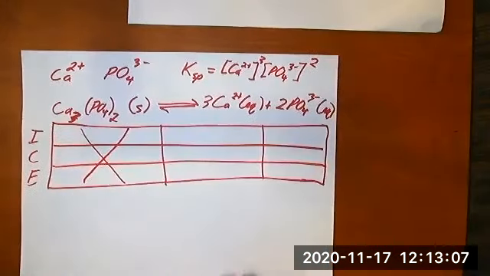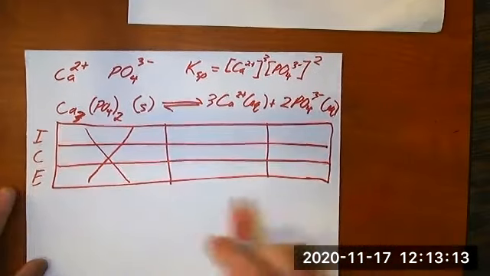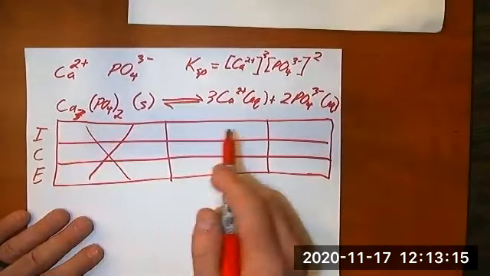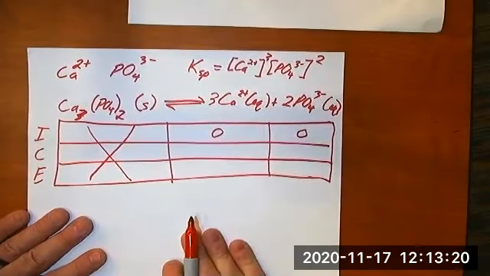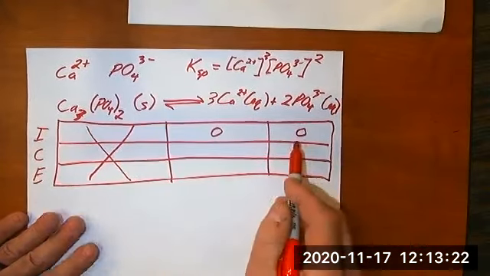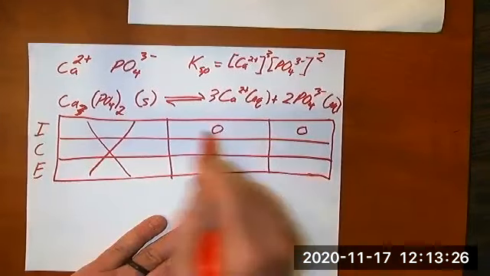But until you get that kind of familiarity with it, I recommend going with the ice table. We have an initial amount of 0 for both of our compounds, and we're trying to figure out how much ends up dissolving.